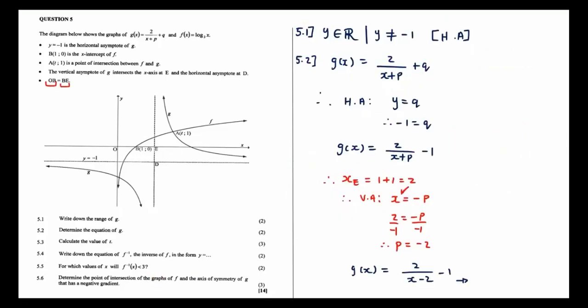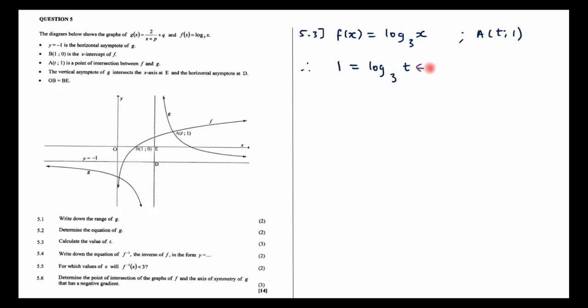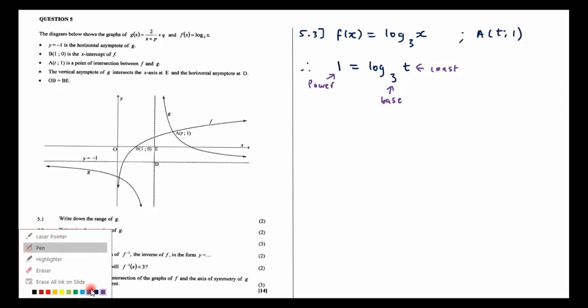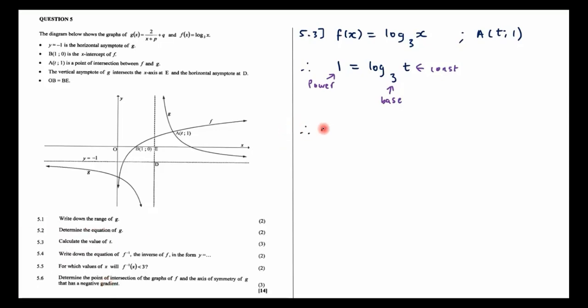So now in my equation, I know that this is the constant, this is the base, and this is the power. Why? Because that's what I get when I have a log, right? So to get the constant, I'm going to say base to the power.